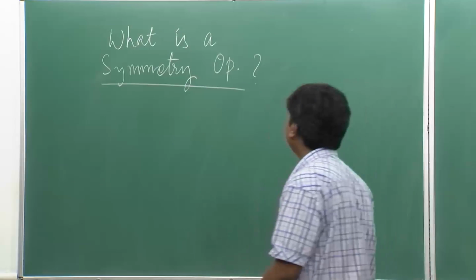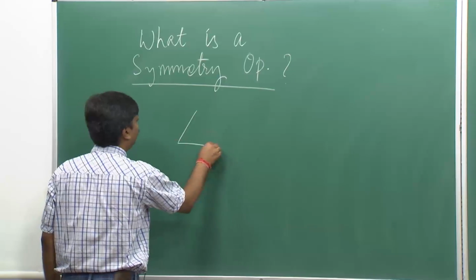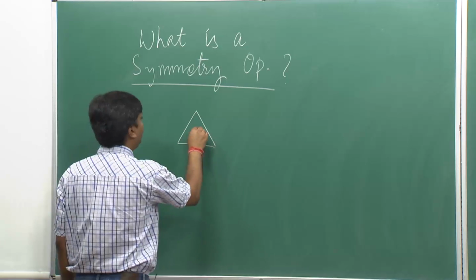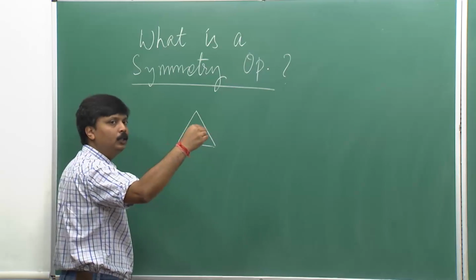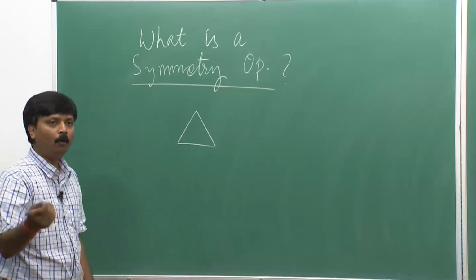So say for example, I have an equilateral triangle, and I can imagine there is an axis about this. The axis is toward you, out of the plane of the board.